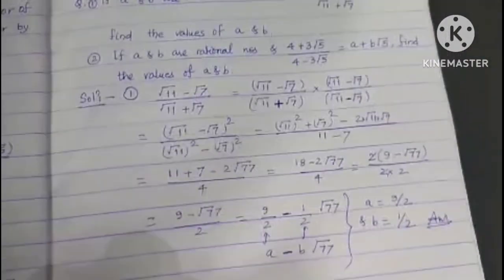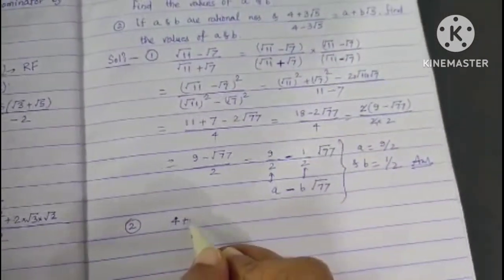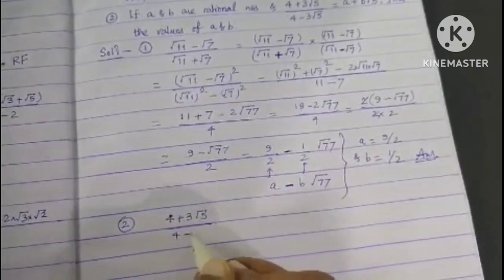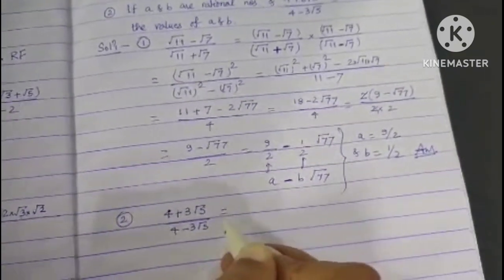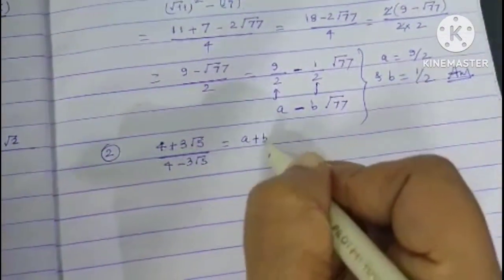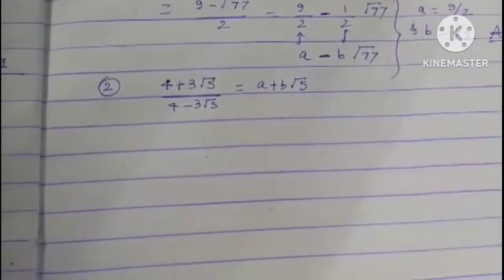We have been given (4 plus 3 root 5) divided by (4 minus 3 root 5). This is equal to a plus b root 5. This we have been given.